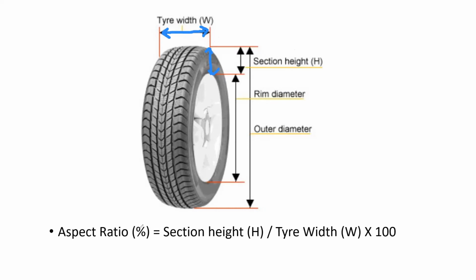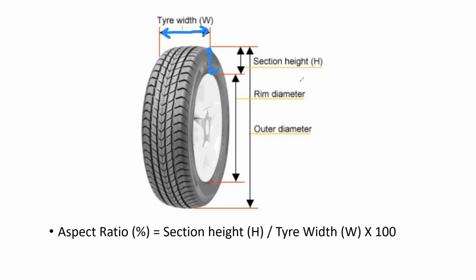So the reason for having this aspect ratio is that for the same width, different tire heights are there, right? So if you need to know the total height of the tire, you actually have to find the section height and get the rim diameter, bring them up to the same unit, because rim diameter is in inches, section height is in millimeters.